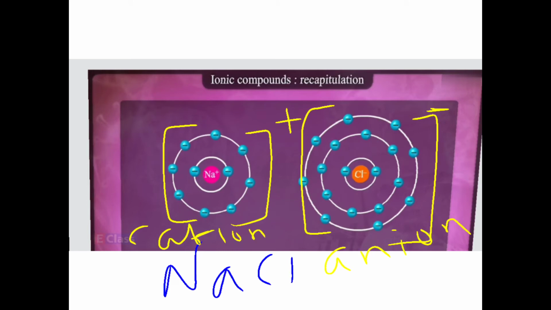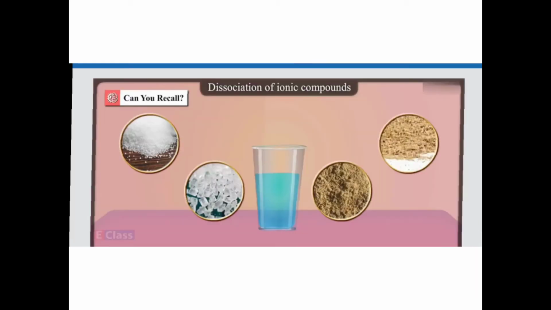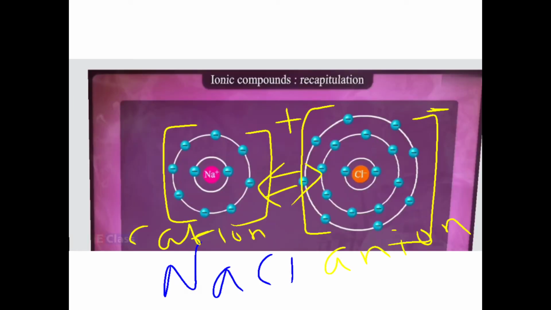As there is a give and take relationship between them, a bond is created between this sodium and chlorine, and this is called the ionic bond, right? So we have the electronic bond between the sodium and chlorine, and thus we get how the common salt is formed.